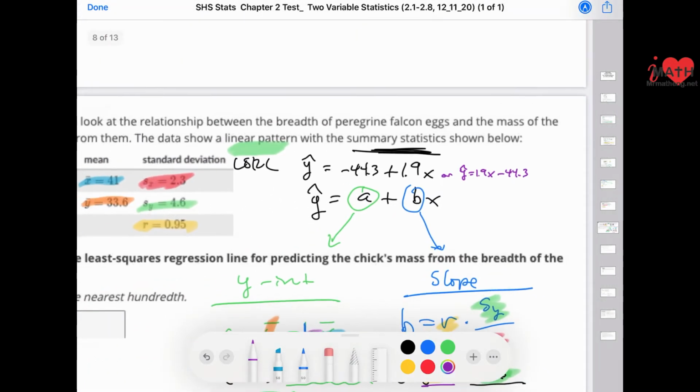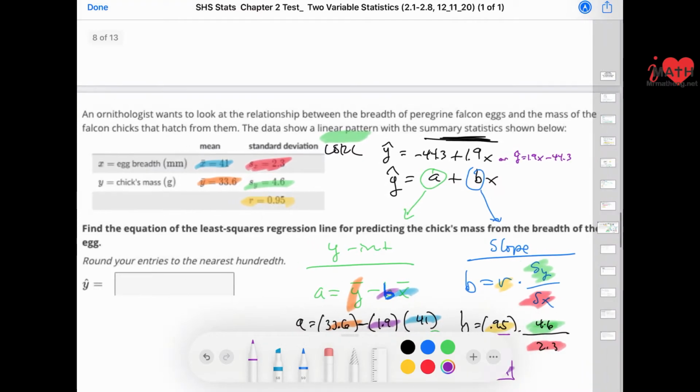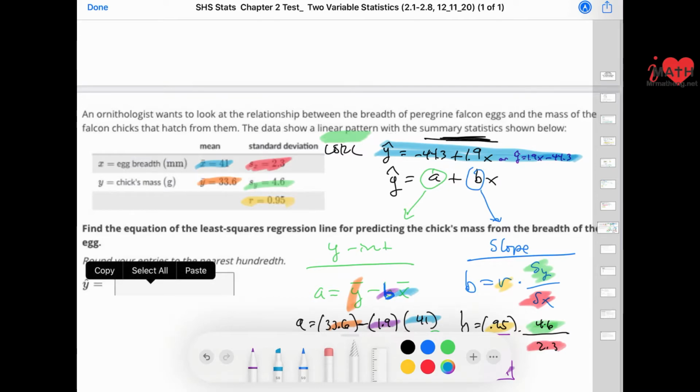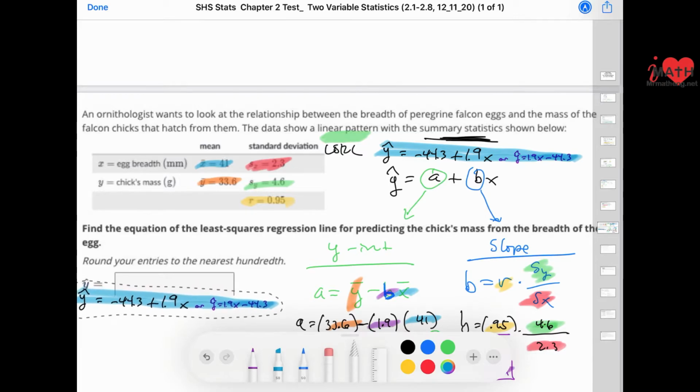Okay, so let me just highlight that. Any of those values could be your answer. Okay, now it told me to round my entries to the nearest tenth, but either would work. Okay, let's go on to the next one.